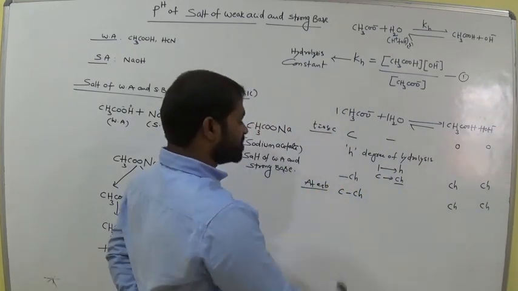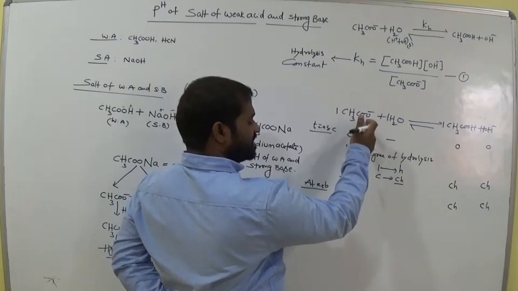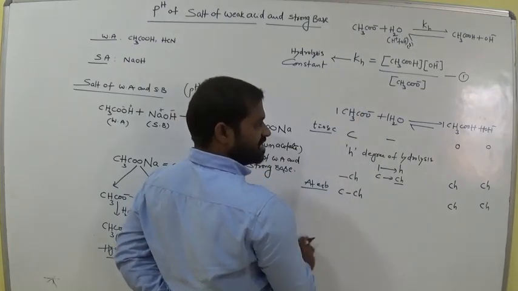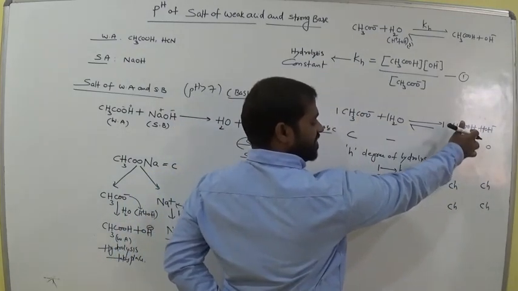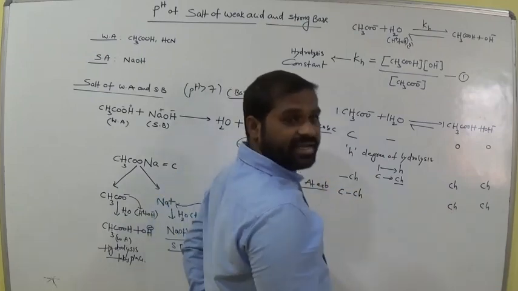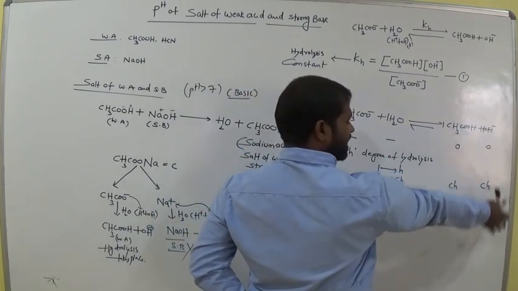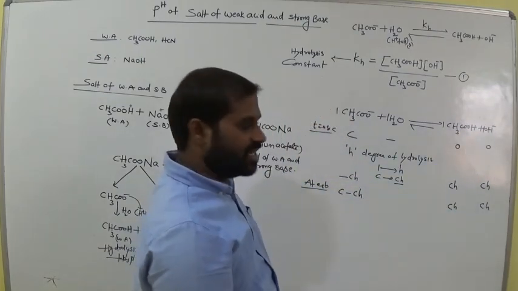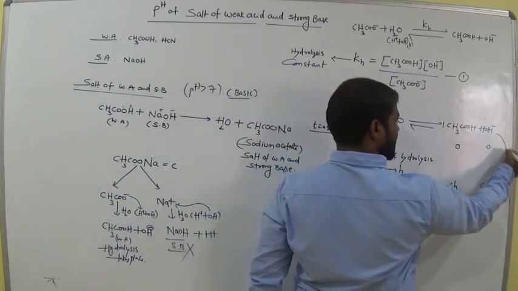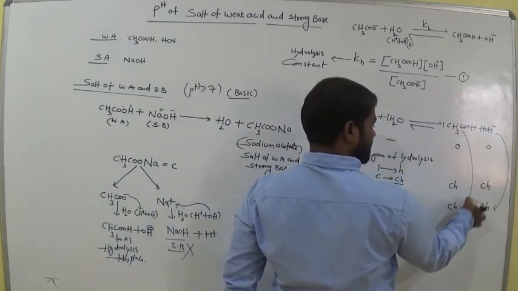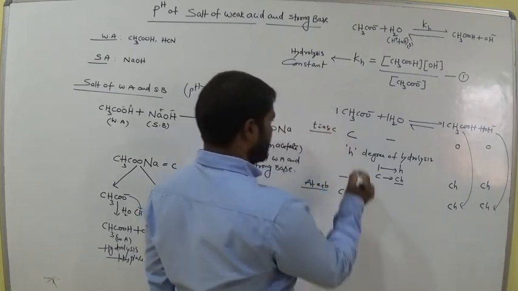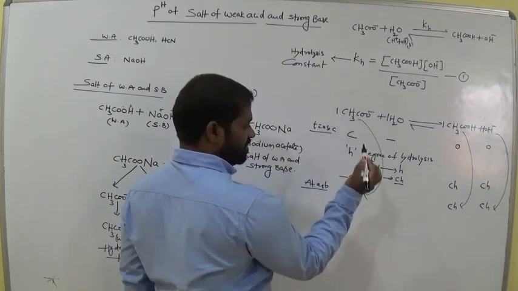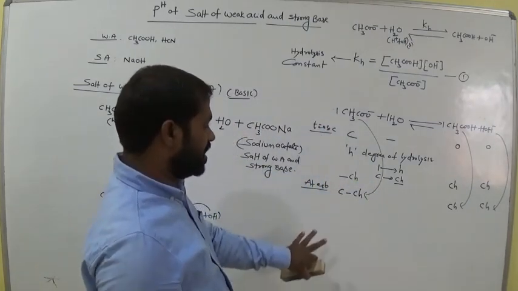Now the equilibrium concentration of acetate ion is C minus Ch. The equilibrium concentration of acetic acid is Ch, am I right? Clear? Now here OH minus is Ch. These are the equilibrium concentrations. Now you have an idea.